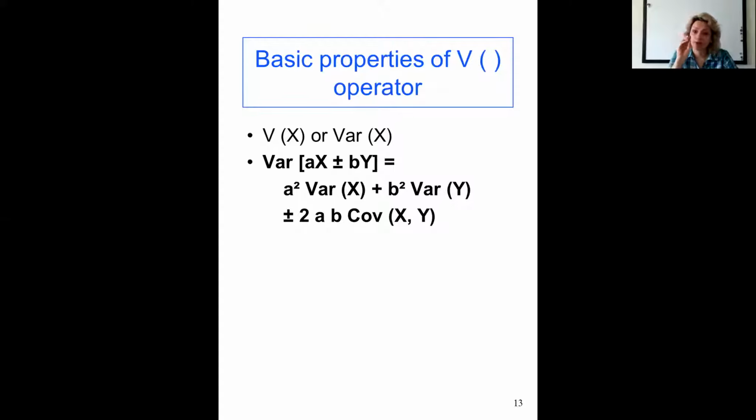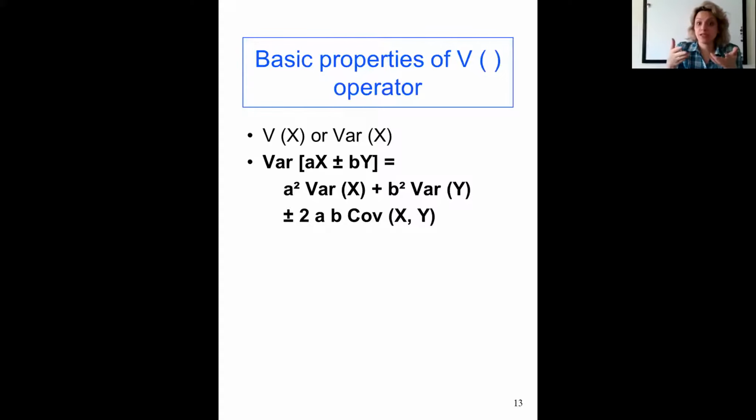If you write down the equation of the variance for X and Y and expand it, you will see it's not as simple as the equation we have for the mean. When we expand it, it is going to be A squared variance of X plus B squared variance of Y, plus or minus 2AB covariance of X and Y.